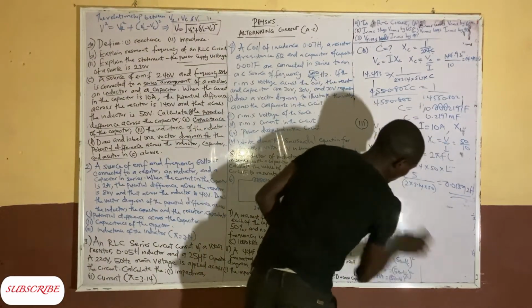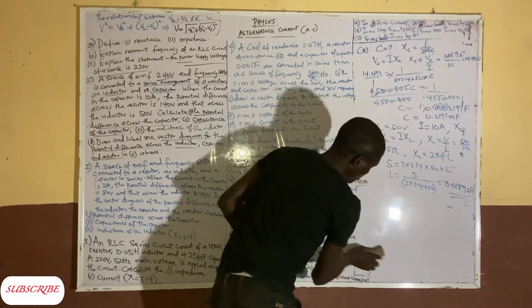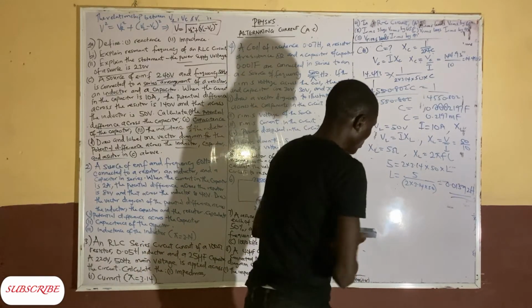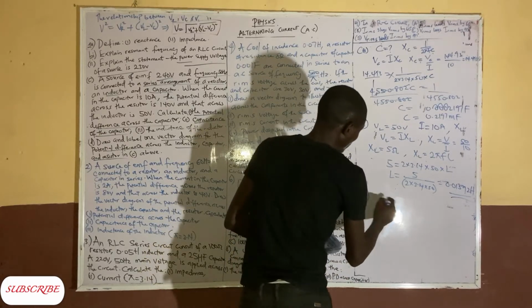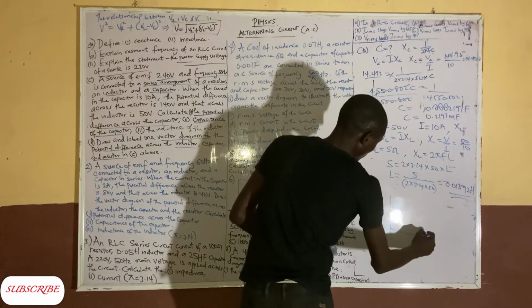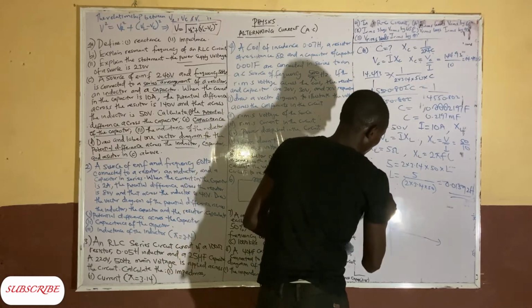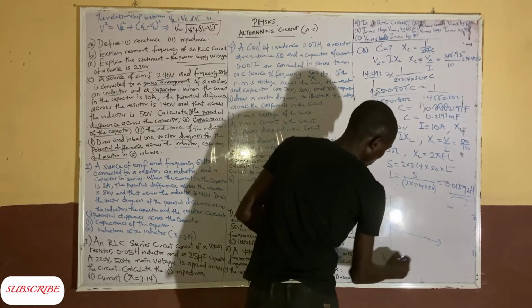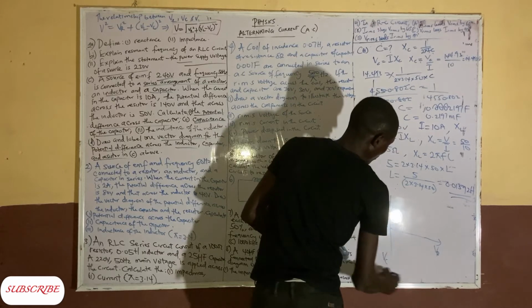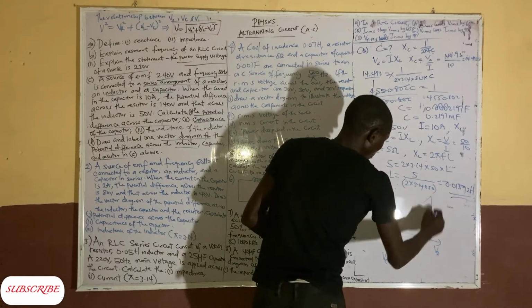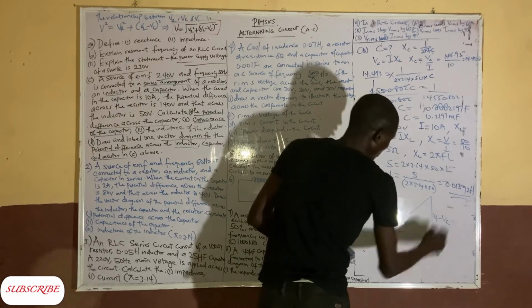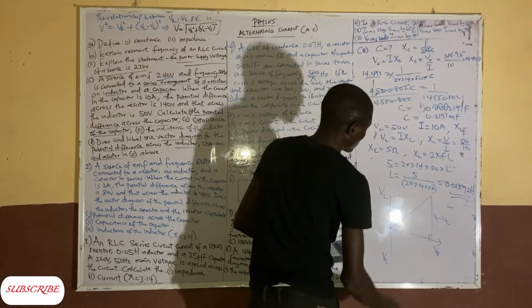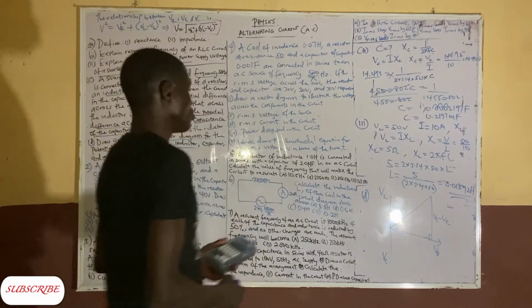We draw it like this: the VL, the VC, and the V. We have this extending out, so that is VL minus VC. So this is the vector that I have to draw.